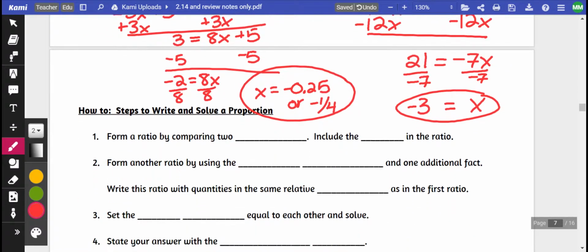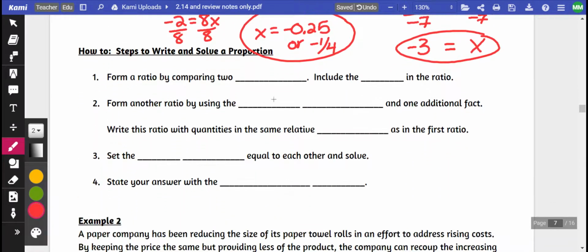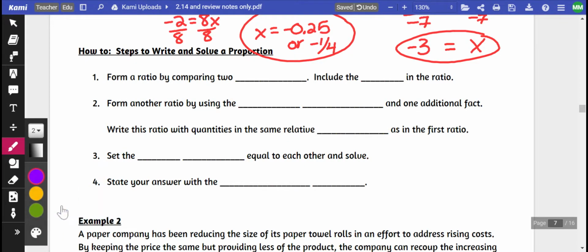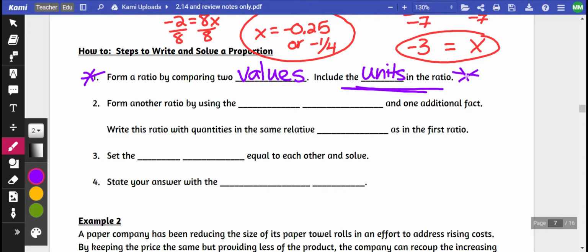Okay, so as a step for solving these, you're going to form a ratio by comparing two values. Include the units in the ratio. This will make sure that you set it up properly.